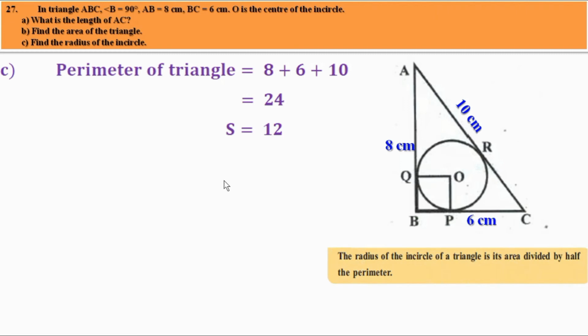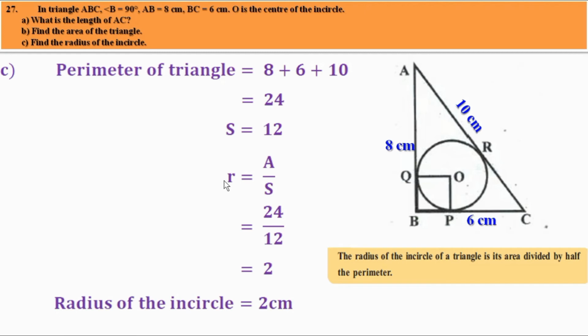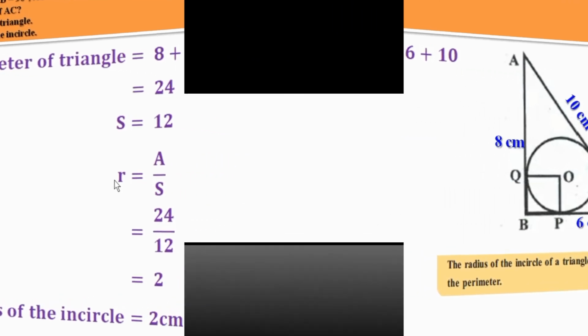Now we know the radius of the incircle of a triangle is its area divided by half the perimeter. That is r equals A by s. Here A, the area, is 24 and s is 12. So radius equals 24 by 12, that is equal to 2. That is, the radius of the incircle equals 2 centimeters.